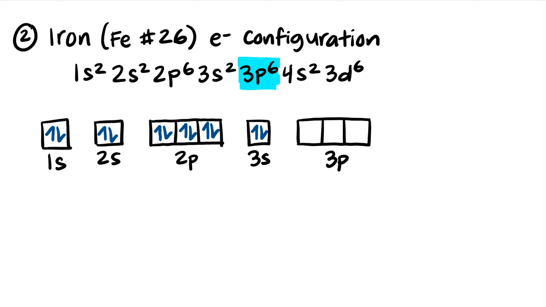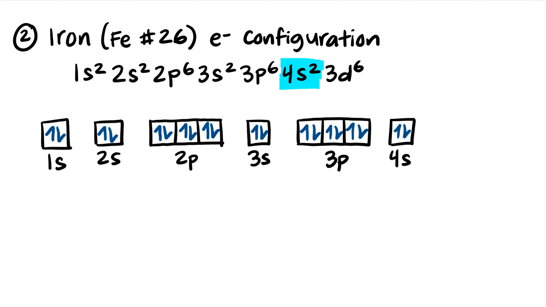I have to fill them in this order: up, up, up, then down, down, down. Total of 6 electrons. My next sublevel is 4s. S is 1 box. 2 electrons go inside of this 4s, 1 up and 1 down.